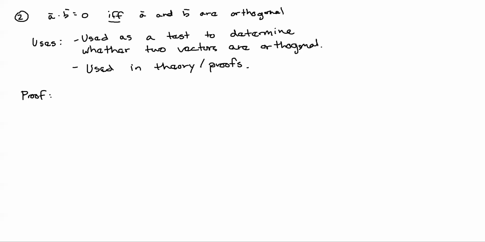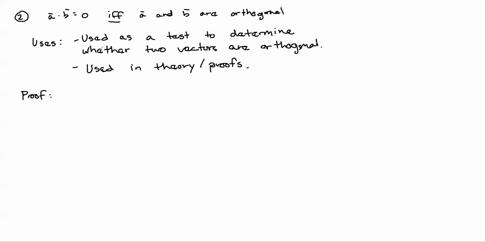Well, maybe I should have mentioned earlier that if you're not familiar with this, what does that mean? This IFF. It means that the implication goes both ways. It means that this statement here could be written as if this, then this, or if this, then that. That both are true.